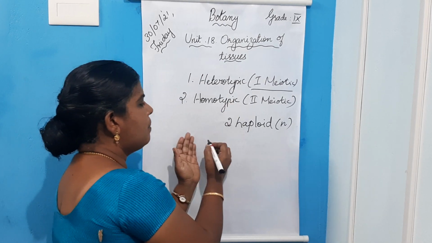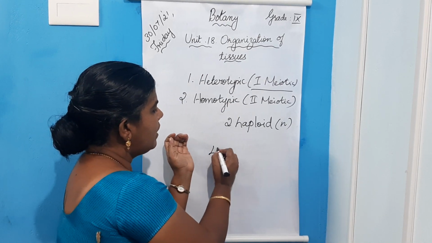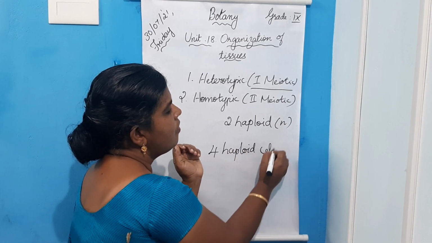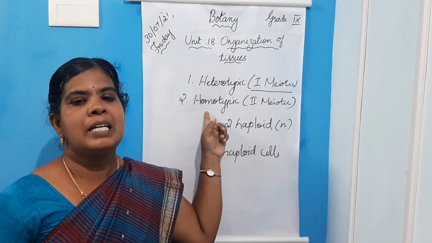So four haploid cells are formed by homotypic division.